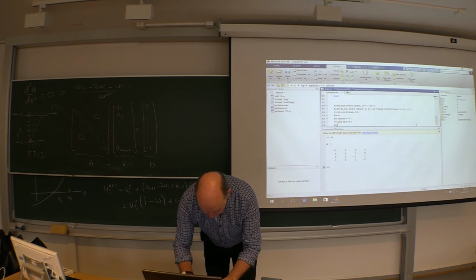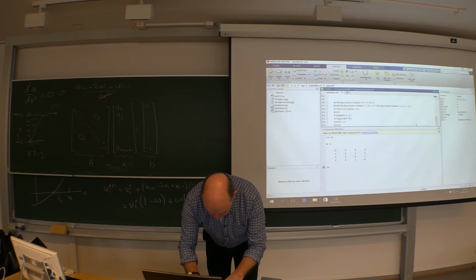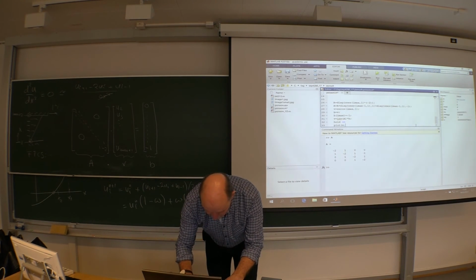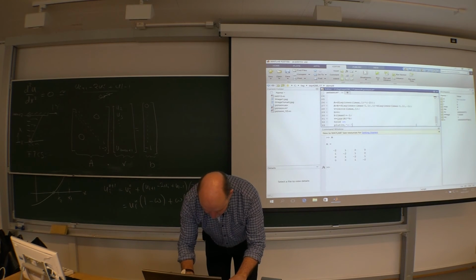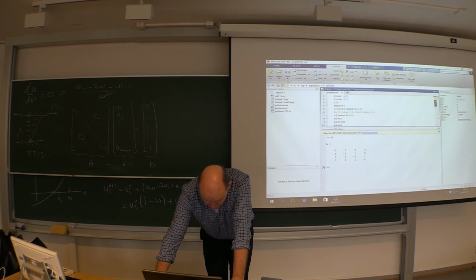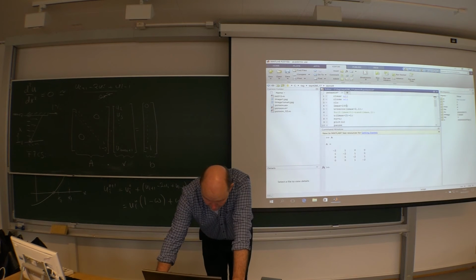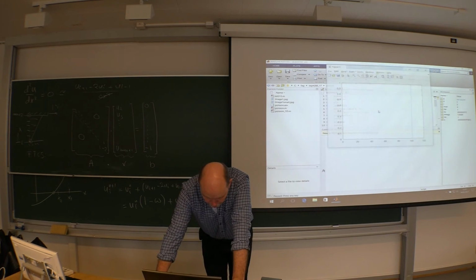Let's try that one. Hold on. Plot V, say as a red dotted line. Hold off. Then we can go back to say 100 unknowns and see if this one runs. You have a misspell at the last plot.